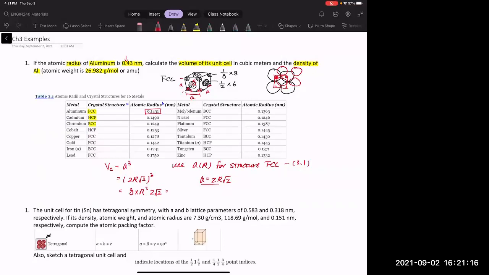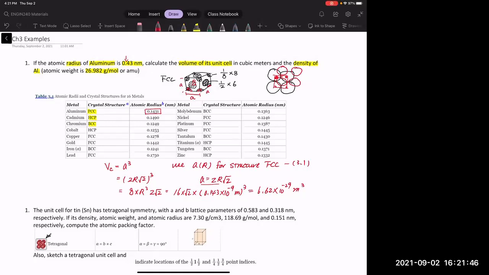That will be 16 times the square root of 2 times R, which is 0.143 nanometer, that is 10 to the negative 9 meter, cubed. That gives you the volume, which is going to be 6.62 times 10 to the negative 29 meter cubed. So that's the first part of this problem.